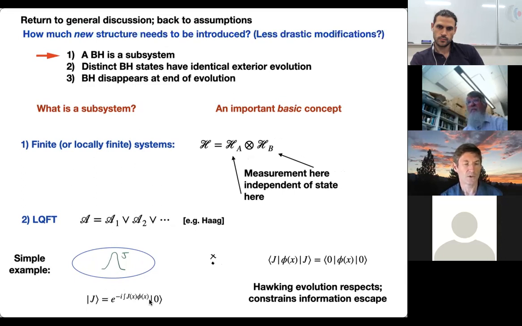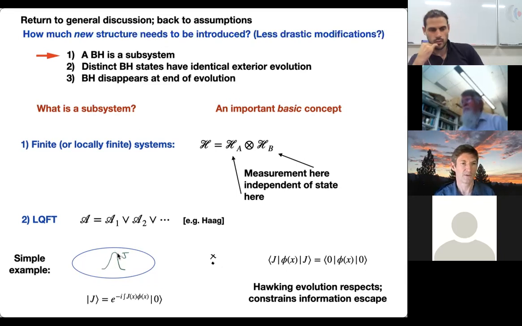And if we're in this new state and we go outside the neighborhood and measure, say, the expectation value of the field, well, that expectation value doesn't depend on the fact that we've created these excitations in this neighborhood, okay? So that's how we're encoding the subsystem structure. We have excitations in here and measurements out here that are independent of those.